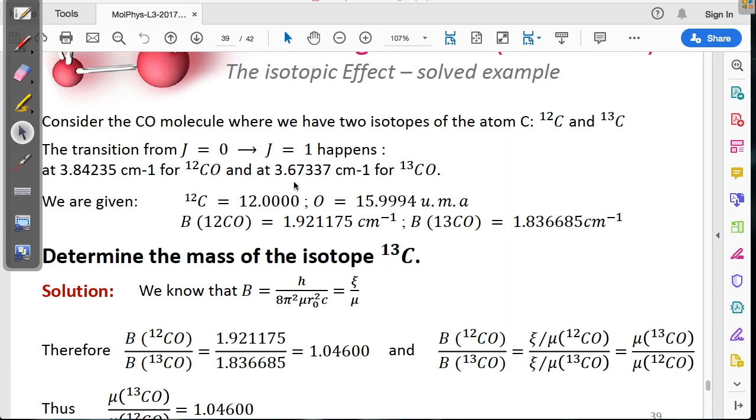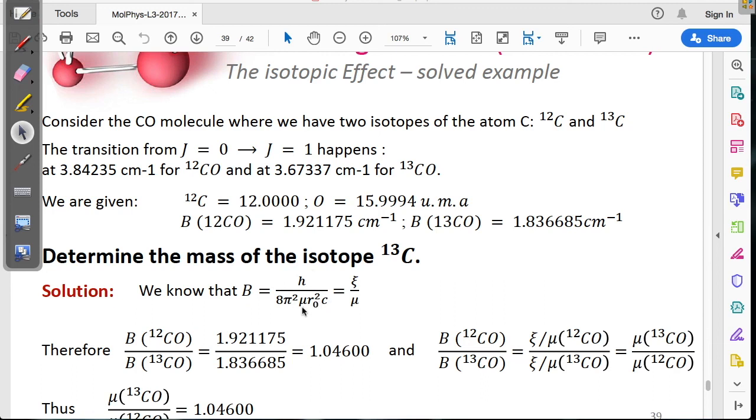Now obviously, because we have different nu bars and different B's, in the case of isotopes we usually think about ratios between the two cases. First of all, if we divide the B's together, we notice that B is h over 8 pi squared mu r0 squared over c. What I'm interested in is the mass that is getting to change. Everything else remains the same: r0 wouldn't change, c is the same.